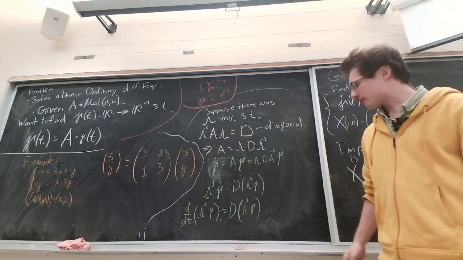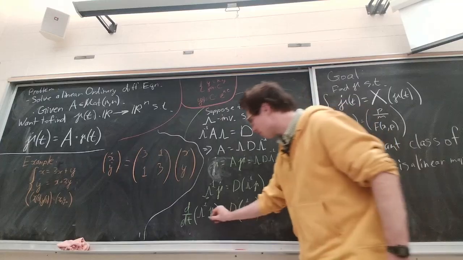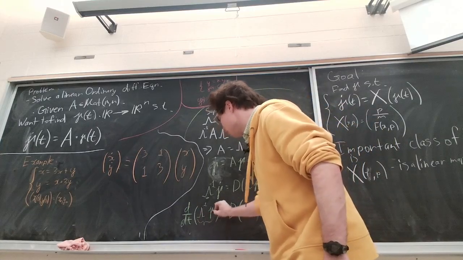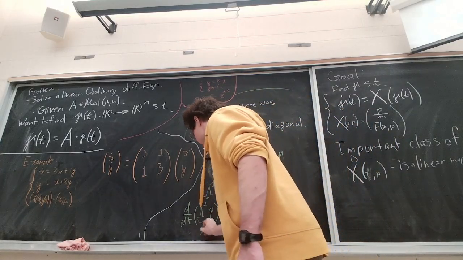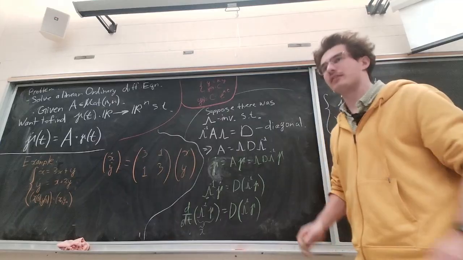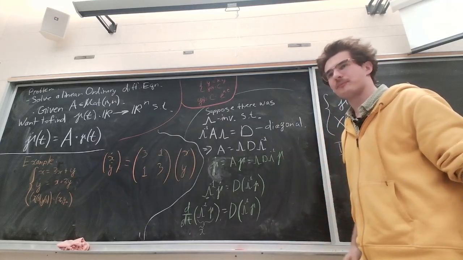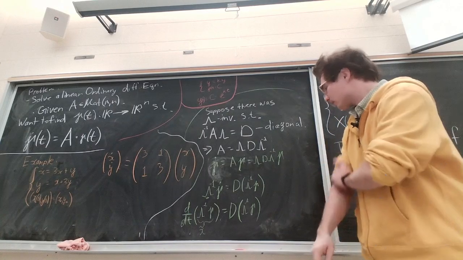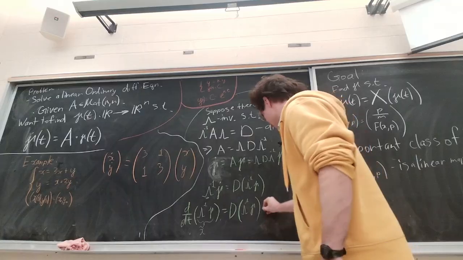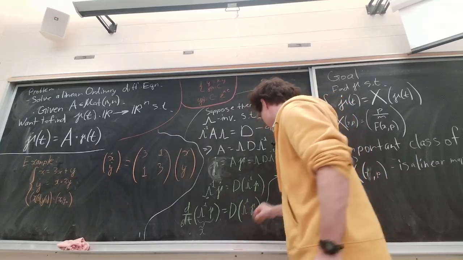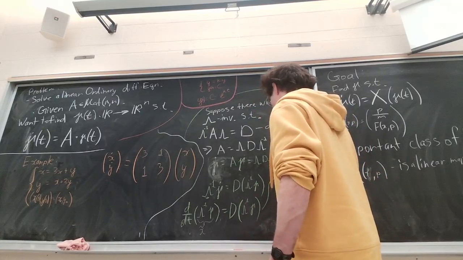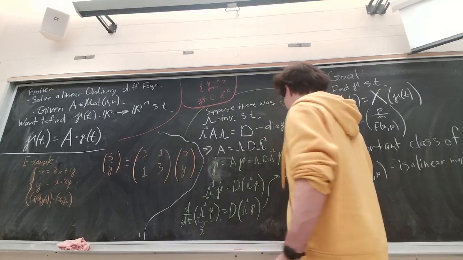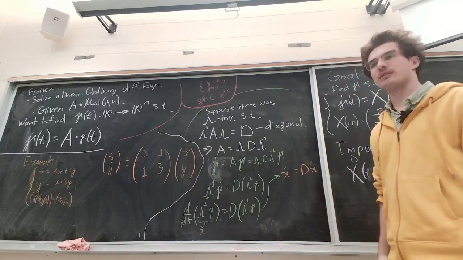But now let's call this some kind of new vector, x tilde. Do you agree? So now I have what? This is the key big step: x tilde dot is equal to D x tilde, where D is a diagonal matrix.